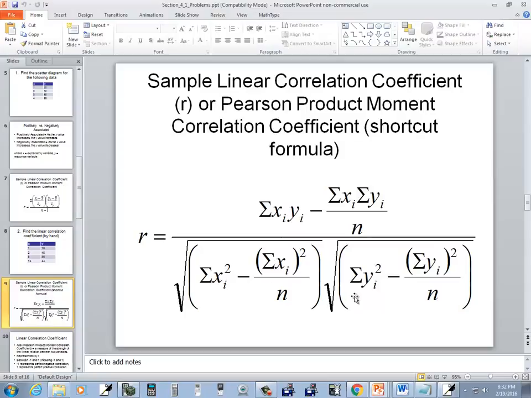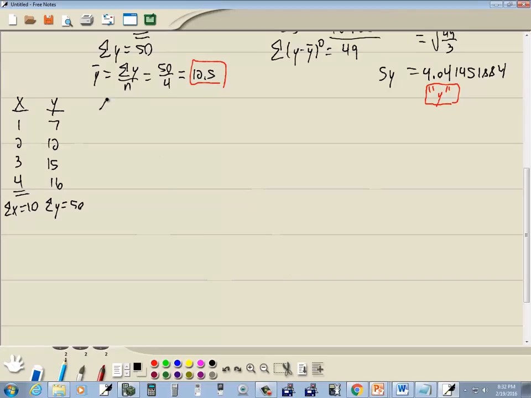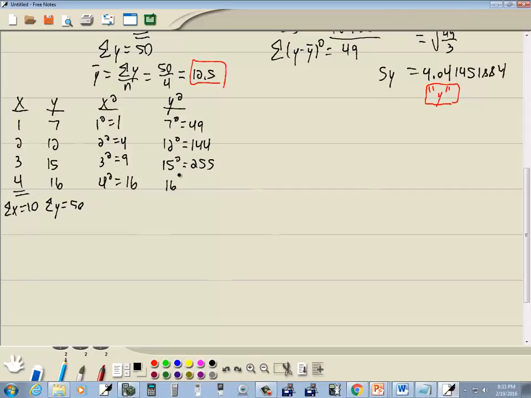We also need x squared and we need y squared. Well, x squared, I'll square each one of these x values. 1 squared is 1, 2 squared is 4, 3 squared is 9, 4 squared is 16. We also need our y values squared. So we got 7 squared, which is 49. We got 12 squared, which I think is 144. 15 squared, which is 255, maybe. 16 squared, 256.